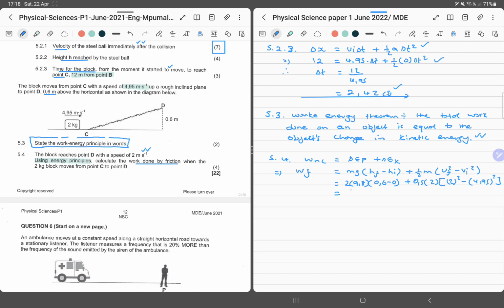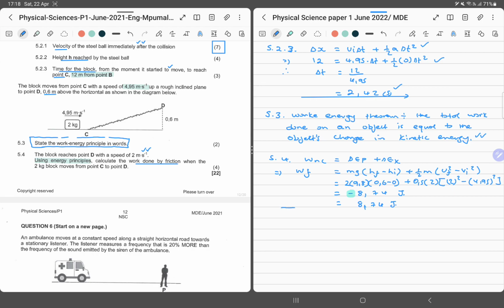I'm getting a value of minus 8,74 joules. Okay, so remember it's negative, and that makes sense because friction is opposing the direction of motion. So we can just summarize that and say it's just 8,74 joules because it's a scalar quantity.